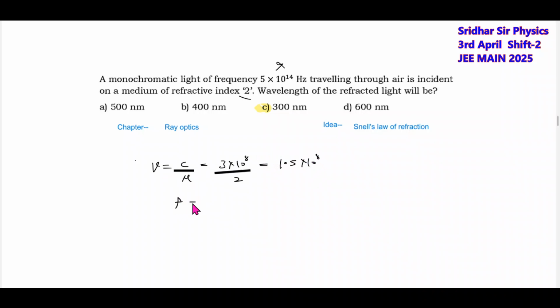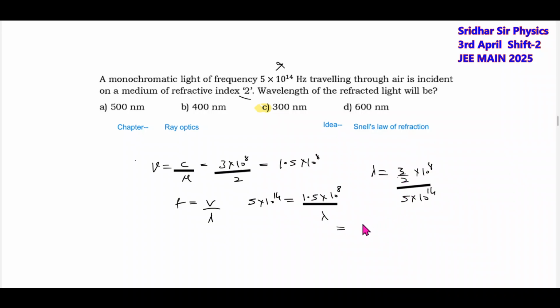After getting this, F equal to V by lambda. Frequency is 5 into 10 to the power of 14. Speed is 1.5 into 10 to the power of 8. This will be the wavelength. We'll substitute here. 1.5, I'll write 3 by 2. 3 by 2 into 10 to the power of 8 divided by 5 into 10 to the power of 14.